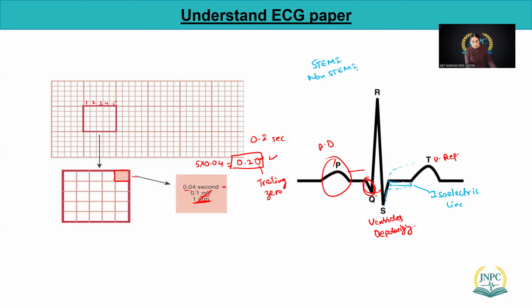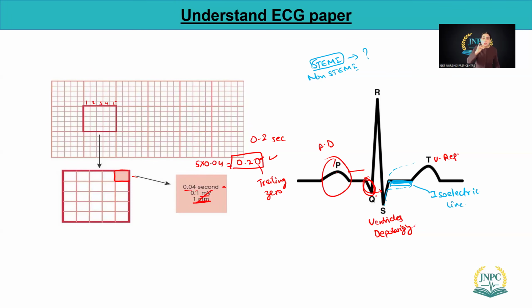If you don't see this isoelectric line, if they say ST depressed or ST segment elevated, then something bad is happening in our ventricles. So when you see ST segment elevated, what is happening in our myocardial layer? Our heart is not getting enough oxygen, right? There is ischemia or infarction, I would say. That time ST is elevated.